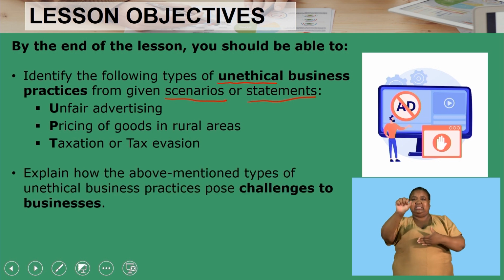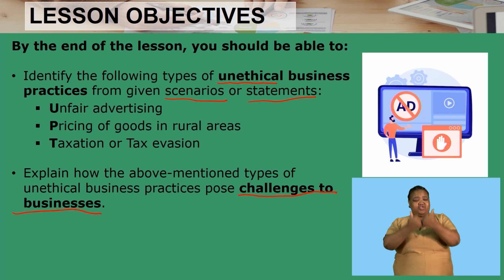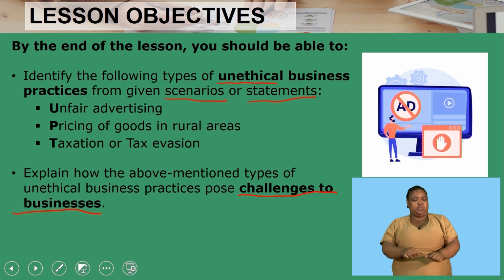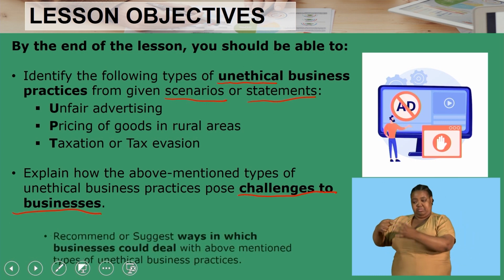The second objective, you should be able to explain how the above mentioned types of unethical business practices will pose challenges to the business. And what else do we know? For every challenge, there should be a strategy. So we need to be able to solve the challenges that we are facing.